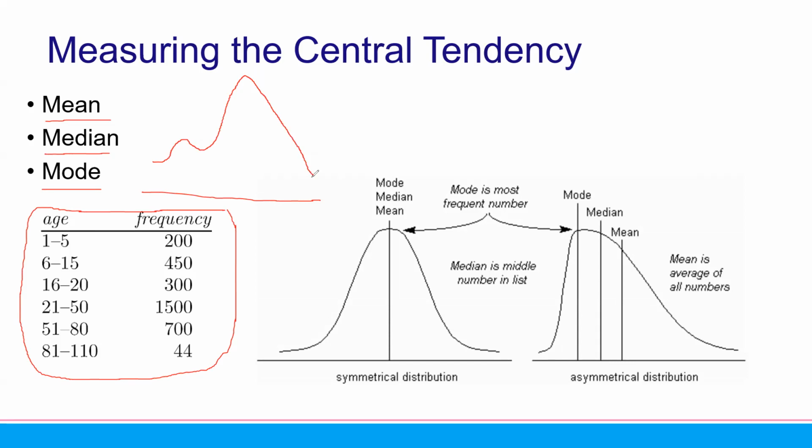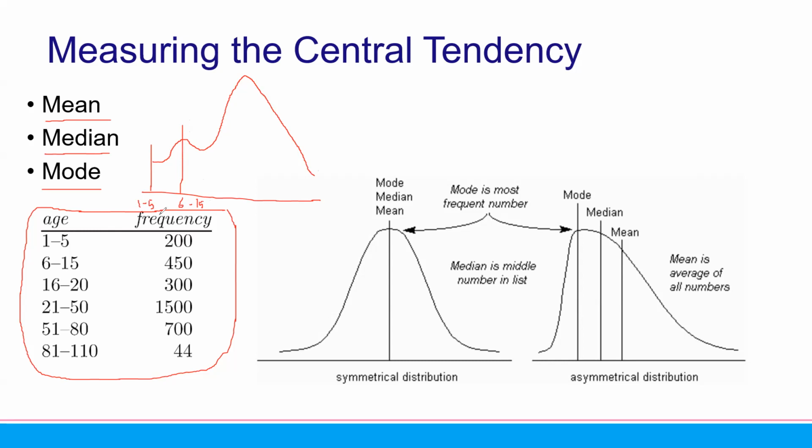Okay, so this is like the distribution. Maybe this is 1 until 5, and then this is 6 until 15, and so on. If you want to draw the line, it will be something like this. And this is based on the data.